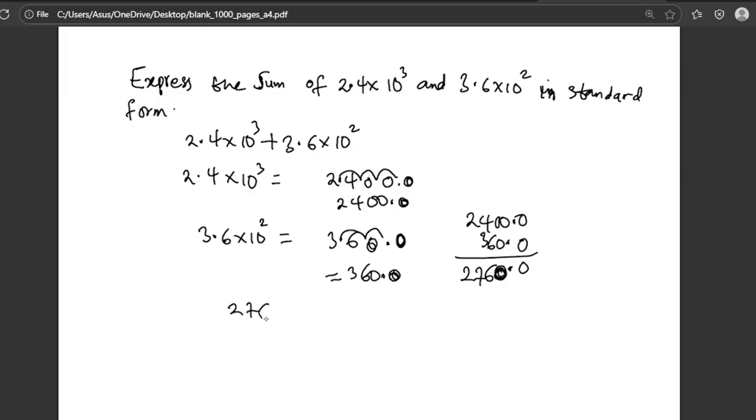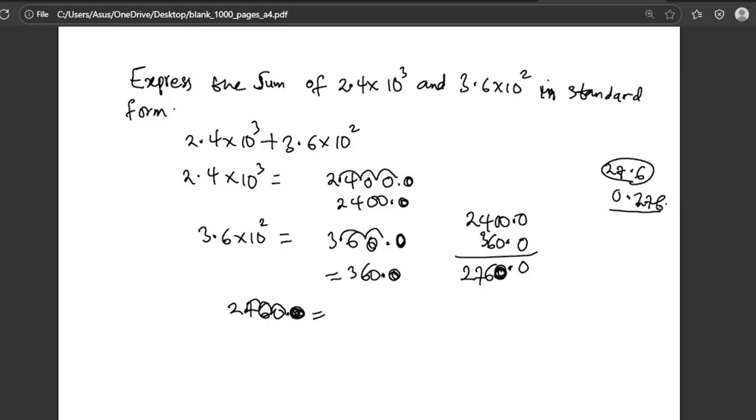3,760 in standard form: we put the decimal point so that we have a number between 1 and 10. If you leave it between 7 and 6, you have 37.6, which is not between 1 and 10. And if you take it further, you have 0.376.